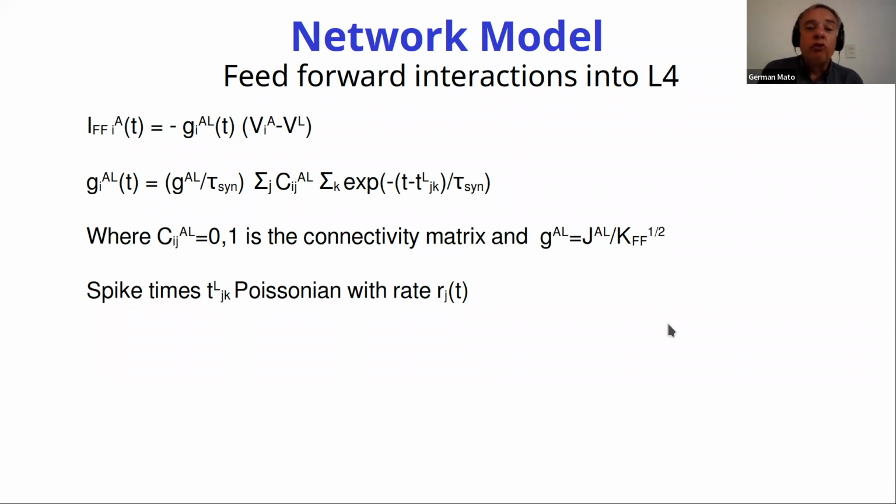That's the variable that controls whether there is or not connectivity between neuron j and neuron i. And as I mentioned before, the spike times of the LGN neurons are Poissonian with rate R_j of t, the expression that I showed before.